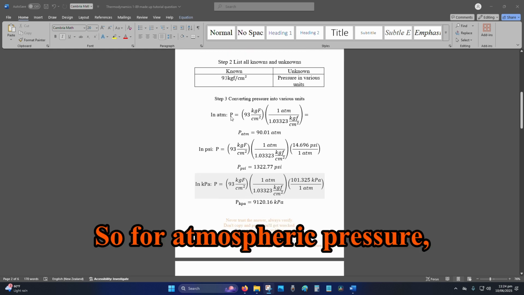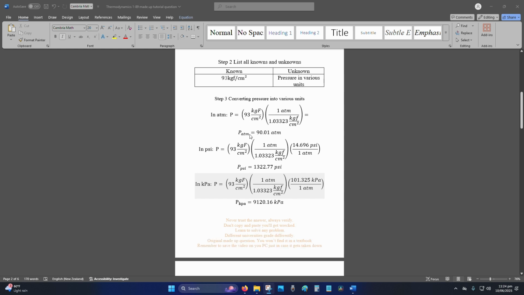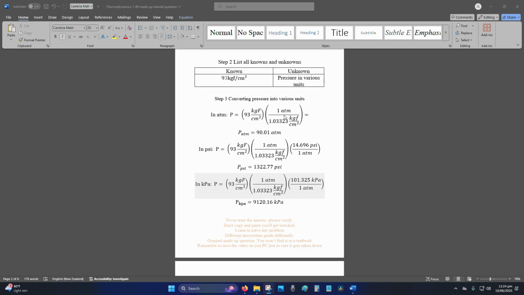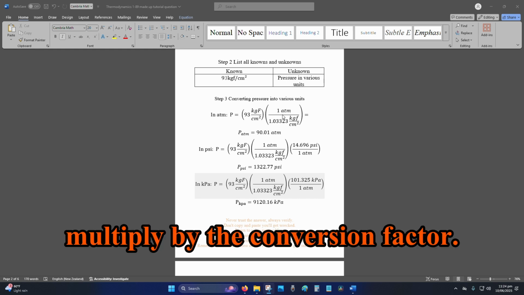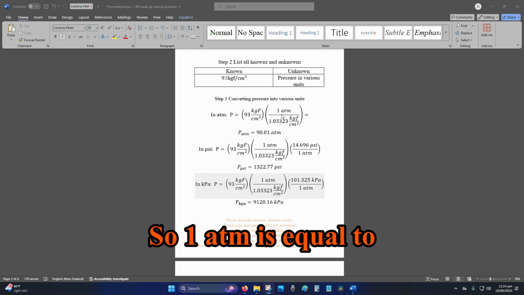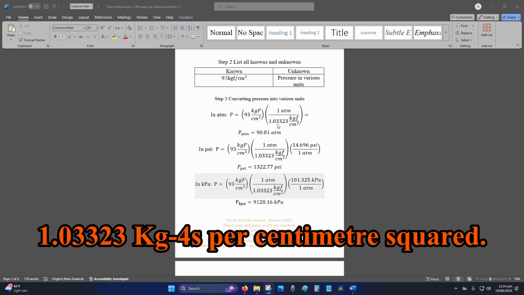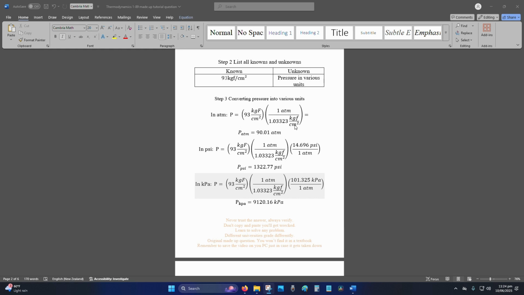So for atmospheric pressure, we have 93 kilogram force per centimeter squared. Then we're going to multiply by the conversion factor. So 1 atm is equal to 1.03323 kilogram force per centimeter squared.